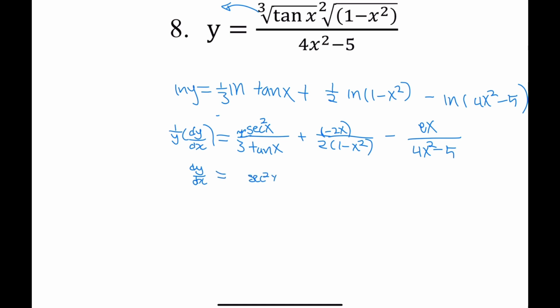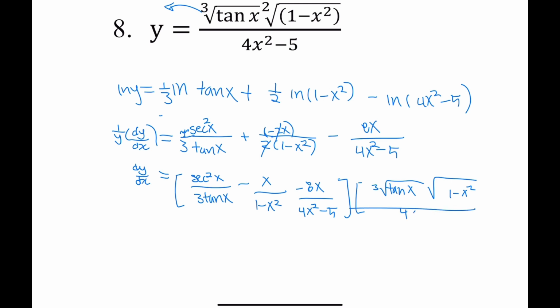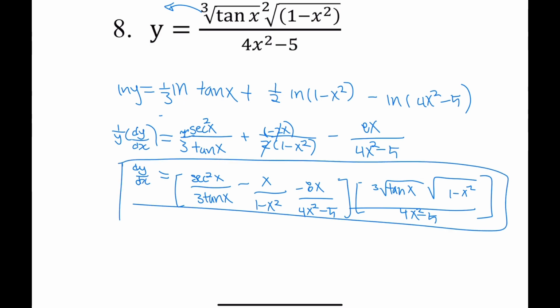So secant squared x over 3 tangent x minus 2x, we're gonna cancel out the 2's, minus x over 1 minus x squared, right? And then minus 8x over 4x squared minus 5. So dy dx is equal to this times your y value, which is a pain to write out one more time, but here it is. Alright, so this will be our answer.